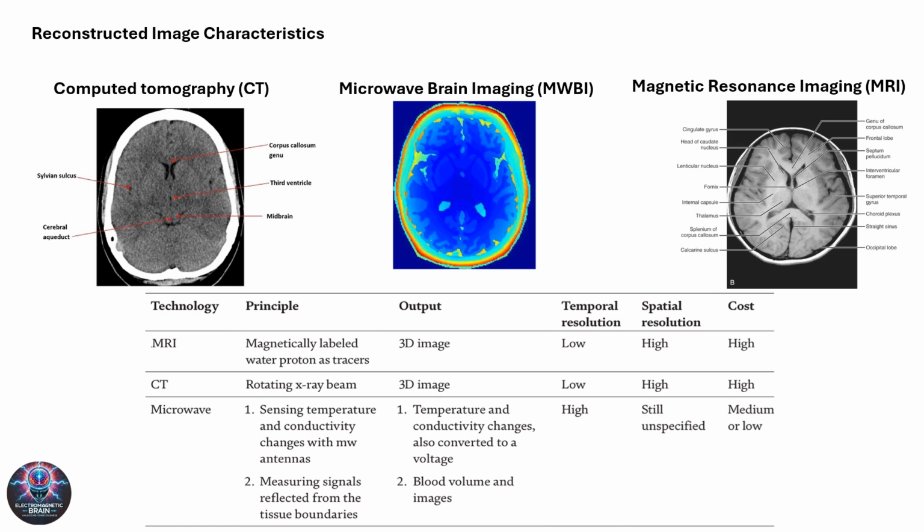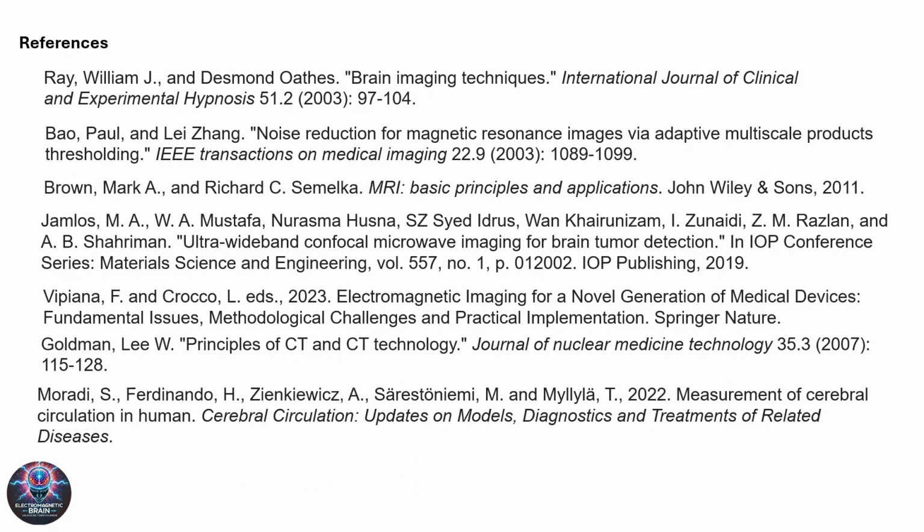CT employs high-energy X-rays combined with tomographic reconstruction to deliver rapid, precise imaging. Each has its strengths and complements the others in advancing medical diagnostics. Future innovations in electromagnetic technologies will undoubtedly make brain imaging more accessible, accurate, and transformative, meeting the evolving needs of healthcare.